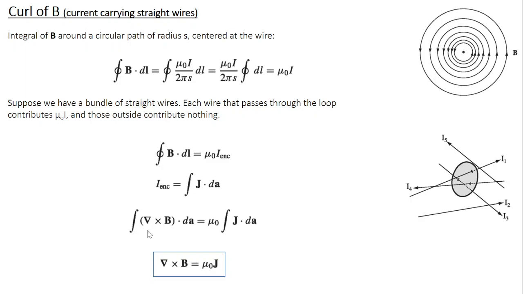I have similar surface integrals on both sides, which means I can equate the term inside. When I do that, I get curl of B equal to mu naught J. So this is the value of curl of magnetostatic field associated with a current carrying straight wire. Later on we will see that for any given current configuration, this expression is valid.